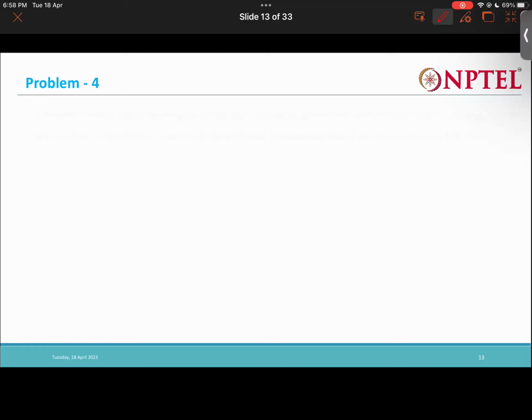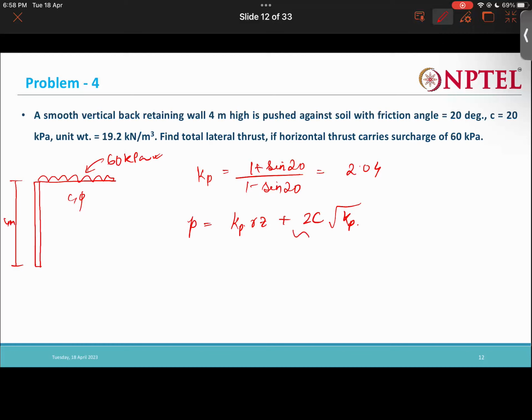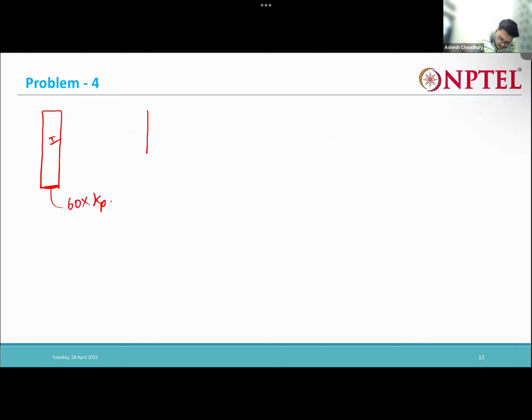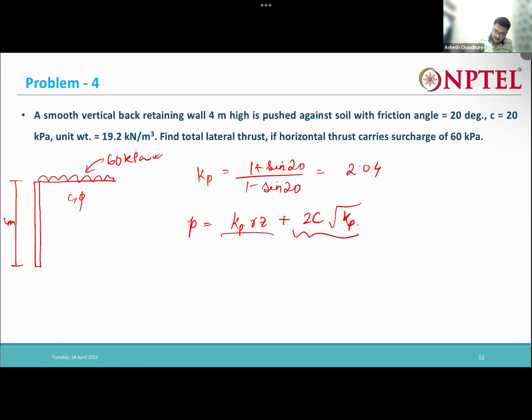So this is 1. Now this 2C root over Kp we can consider as one constant pressure due to the C component. So due to this we can make another diagram, this is 2, which will be 2C root over Kp. Then the last one is the variation for this part.